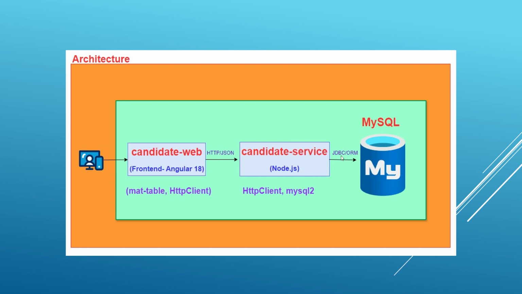Our backend application will connect with MySQL, in which we are going to create our database and table related to the candidate. So this is about the overall architecture which we are going to cover in this video.